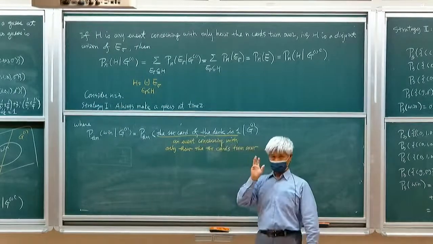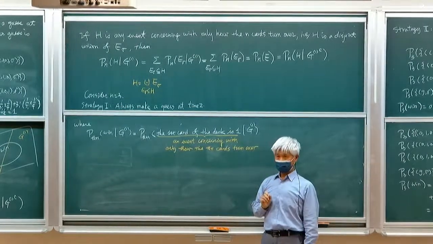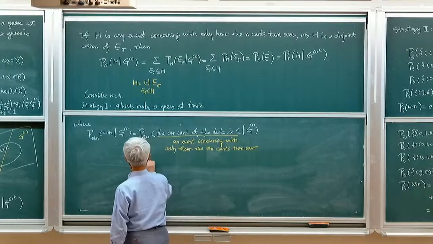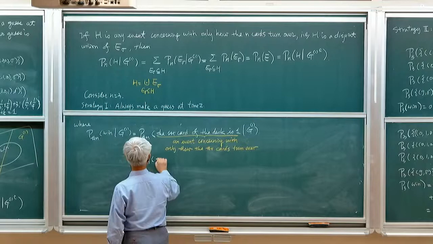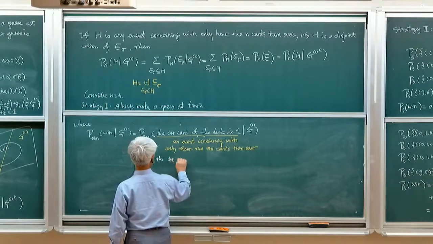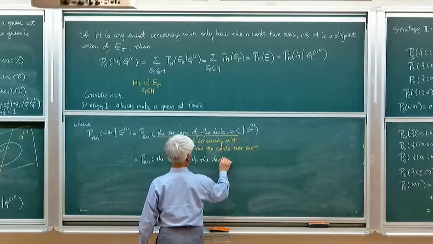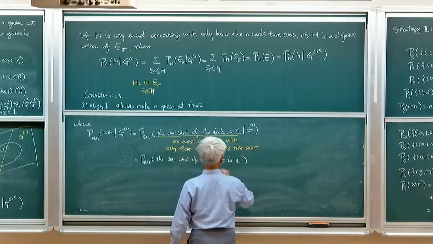So it's a kind of edge event we described before. And so this is the probability, P k plus 1, that the first card of the deck is 1.